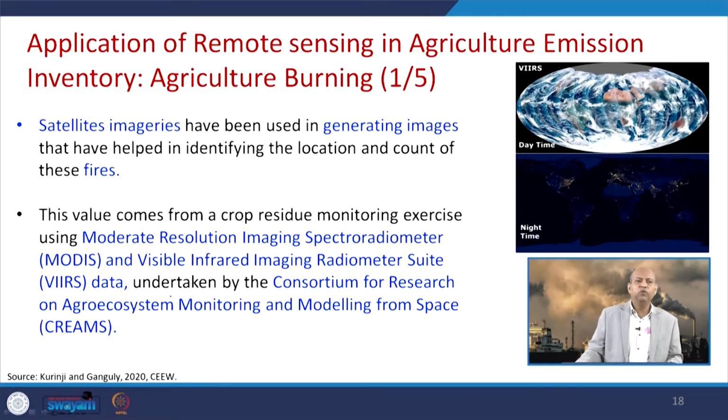Well, if we come to application of remote sensing in agriculture emission inventory, because transportation is over now, we go for agriculture burning related inventory or the data.